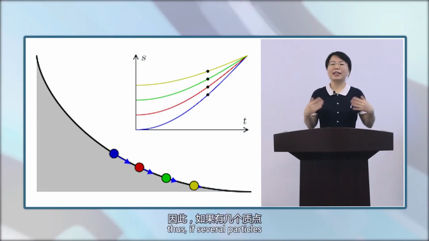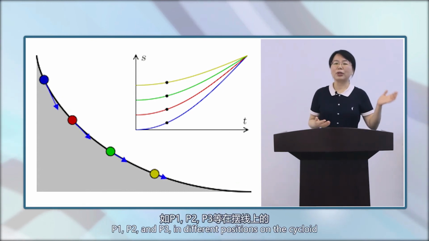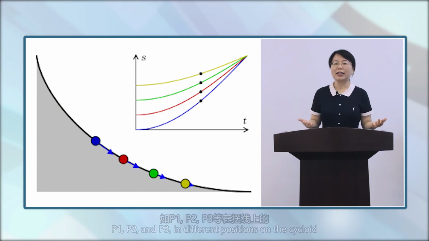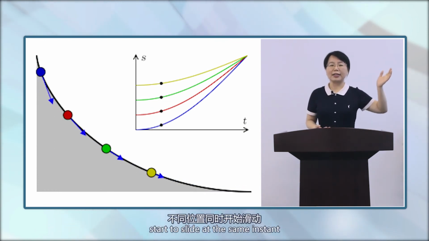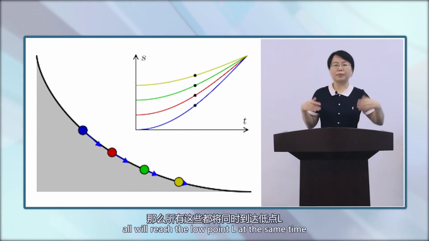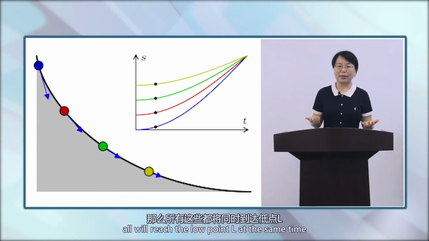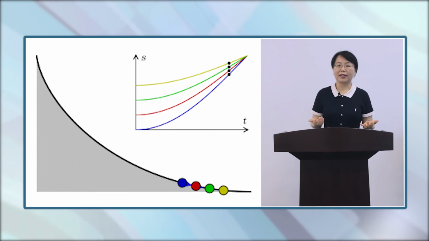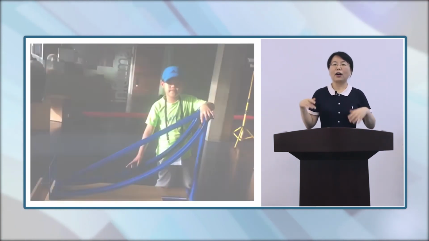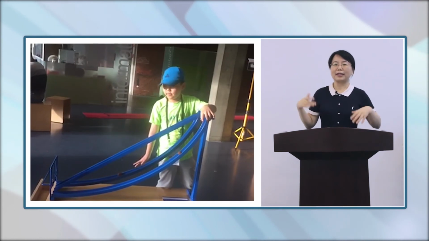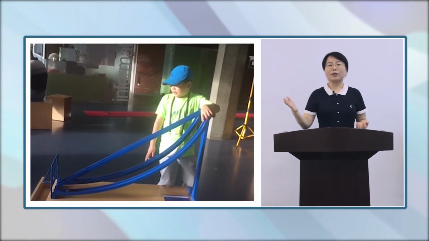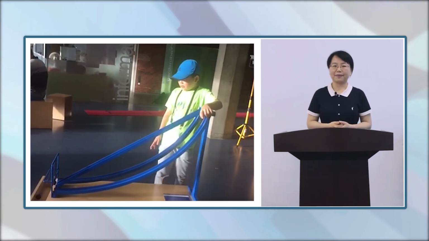Thus, if several particles P1, P2, and P3 in different positions on the cycloid start to slide at the same instant, all will reach the lowest point L at the same time. This is an animation from Wikipedia. And also, I have a video from my son Jonathan 4 years ago. You can see this video for this experiment.